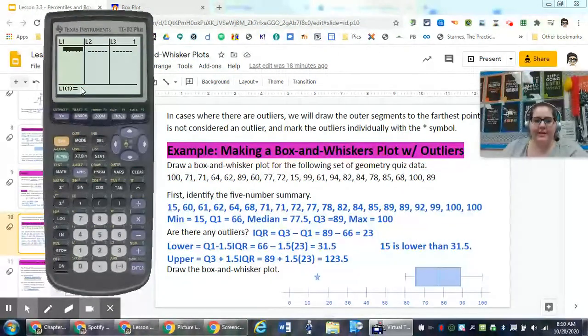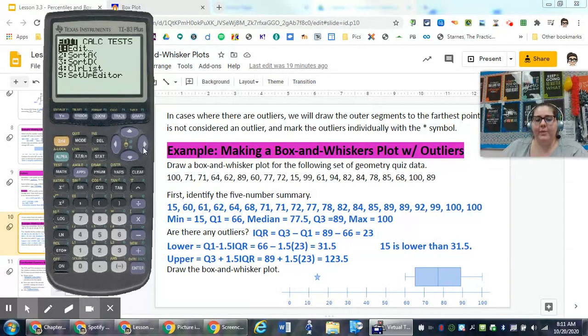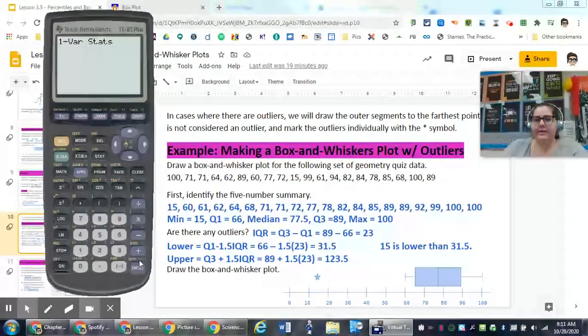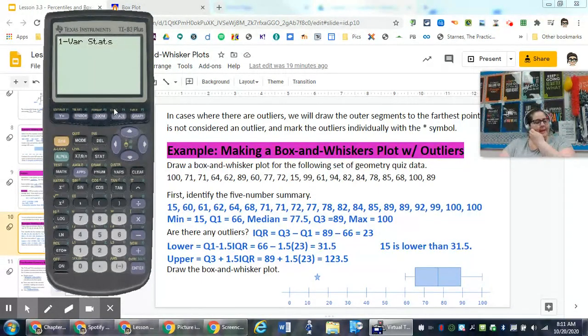I'm going to do that real fast with these geometry quiz scores. Once I've entered those numbers into L1, I hit the stat button again, push my right arrow to go to the calc menu, and then pick the first option, 1-Var Stats. If you have an older one like a TI-83 like mine, it just looks like this, and it will automatically use L1 by default.